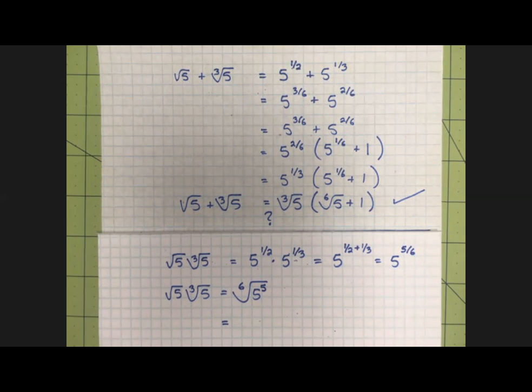Excuse me. 5 times 5 is 25, times 5 is 125, times 5 again is 625, times 5 again is 3125. 5 to the 5th power is 3125. Well, let's find out. Is this really true what I just did? Let's find out.